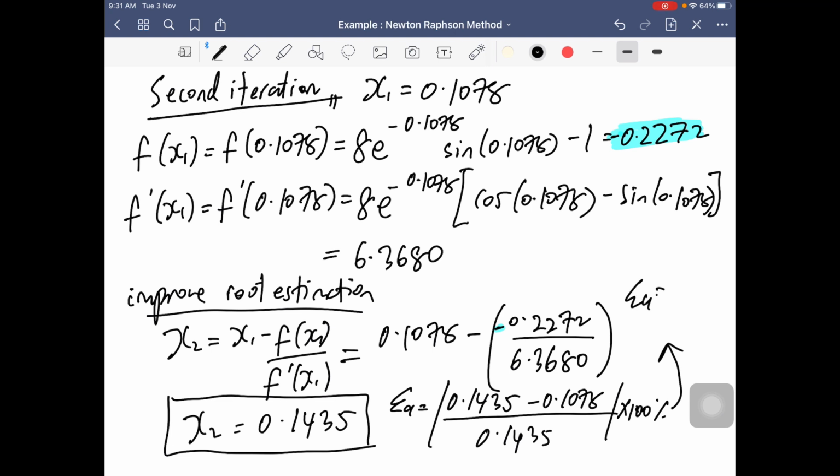So here you should get 24.86%. So you can see here your approximate percent error reduces. Reduce means the value becomes closer and closer to our root estimation. In other words, it converges to the true solution. Alright.